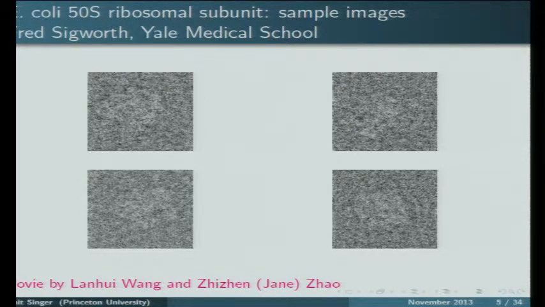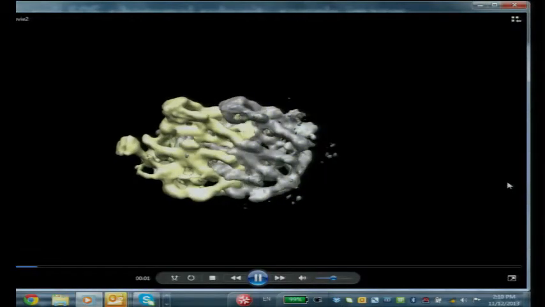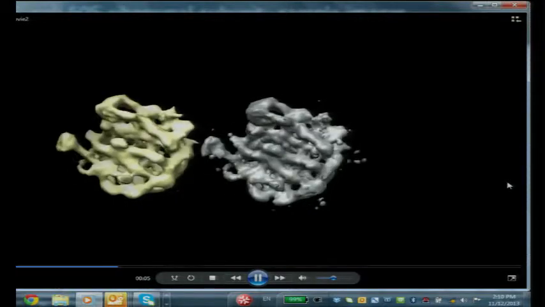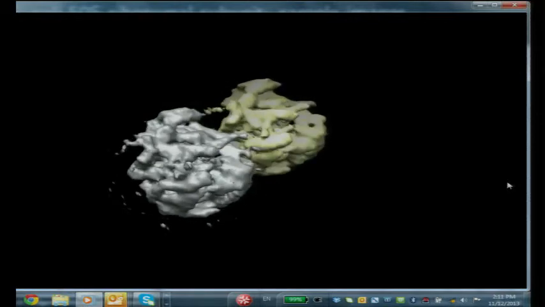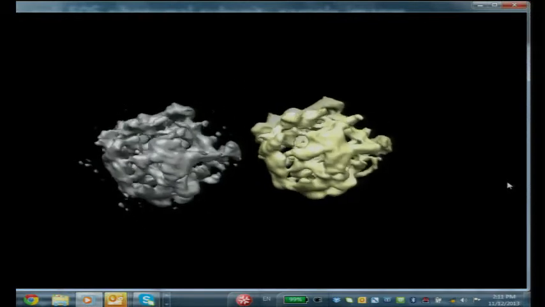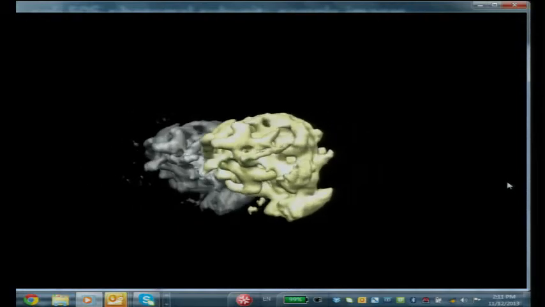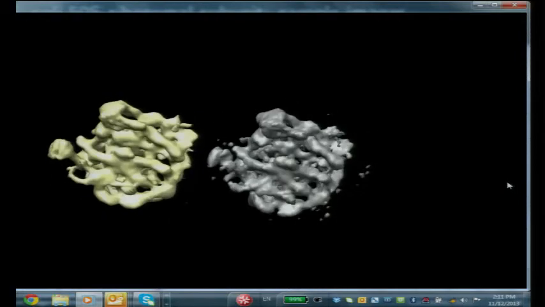For those of you who laugh and think this is going to be impossible, I'll show you what my students can do. In this movie you see 2 structures superimposed, one in yellow, one in white. The yellow one is the true structure, a subunit of a molecule called the ribosome. In 2009, the Nobel Prize in chemistry was awarded to 3 people, one from Yale, one from Weizmann.